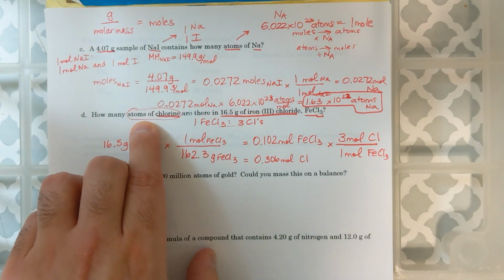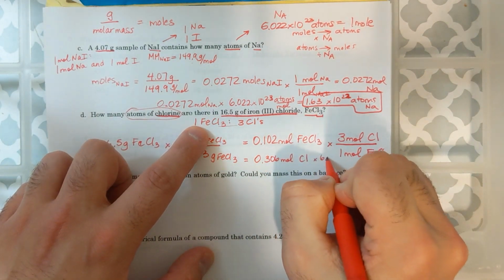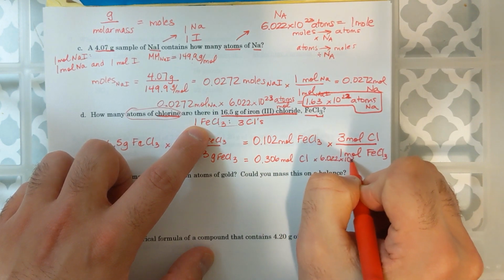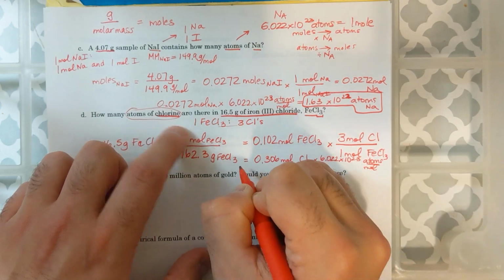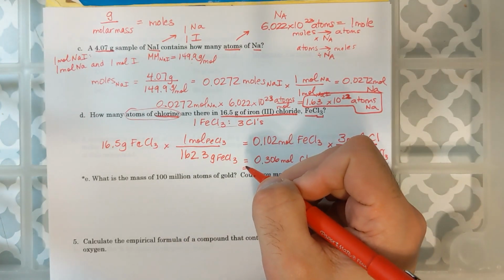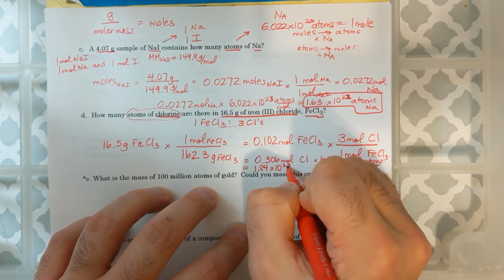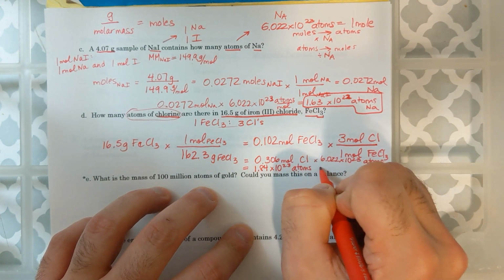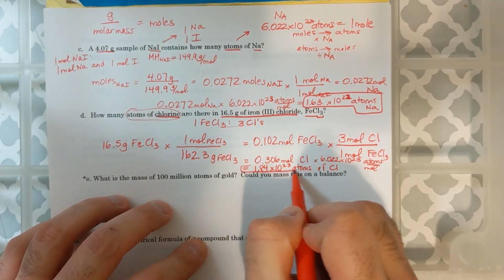But the question's asking for atoms, so now I have to multiply by Avogadro's number if I want the total number of atoms. And I'll get 1.84 times 10 to the 23rd atoms of Cl. Okay, that is the answer.